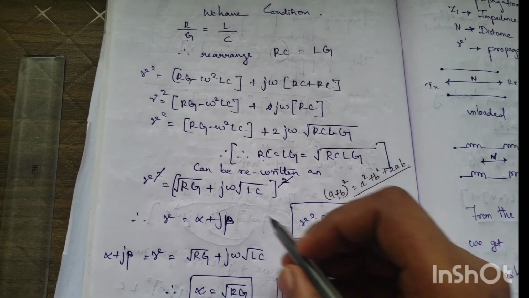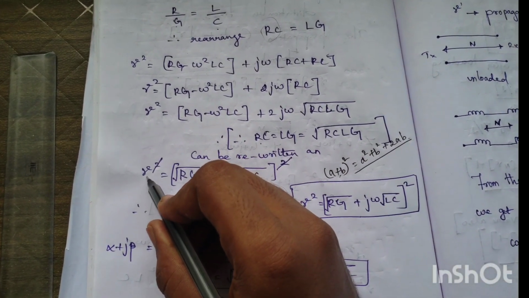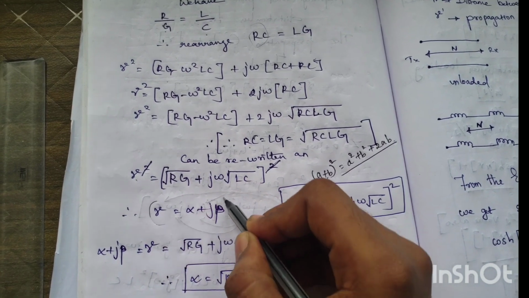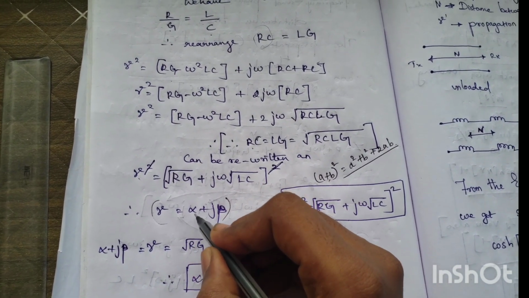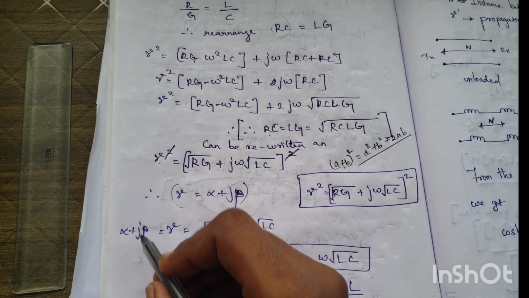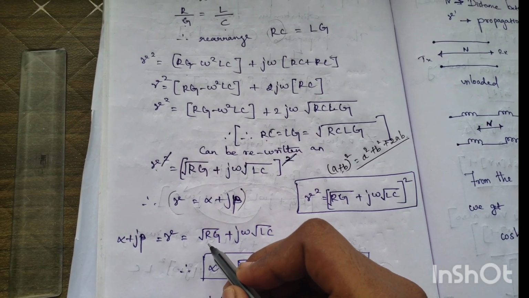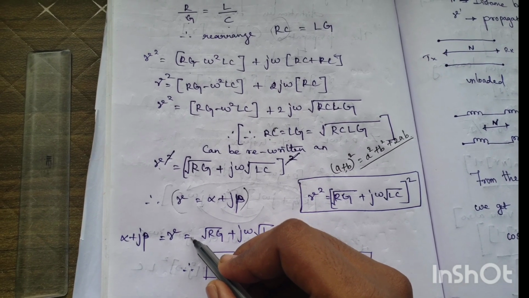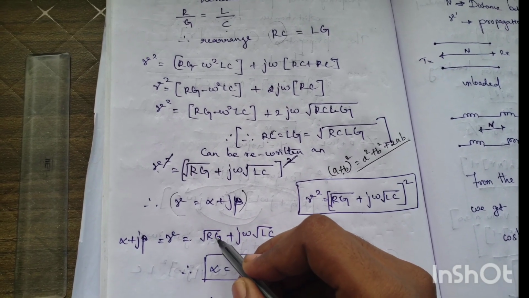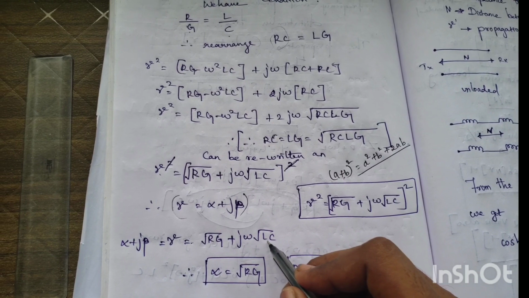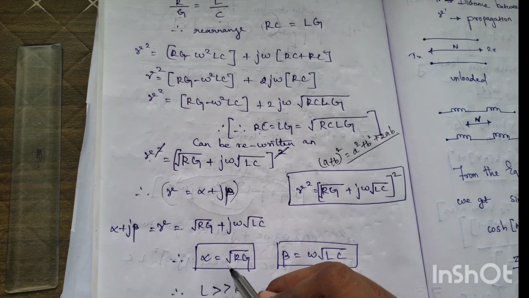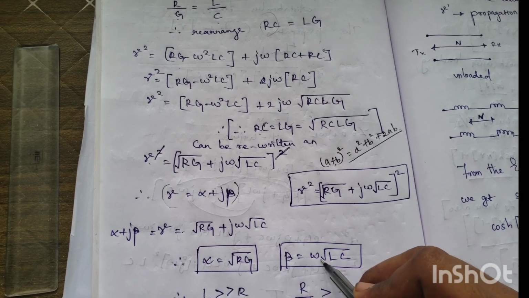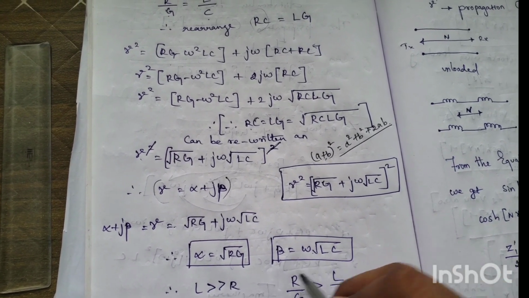Then we cancel the squares, and we know that gamma equals alpha plus j beta. So gamma equals root of rg plus j omega root of lc, alpha equals root of rg, and beta equals omega root of lc.